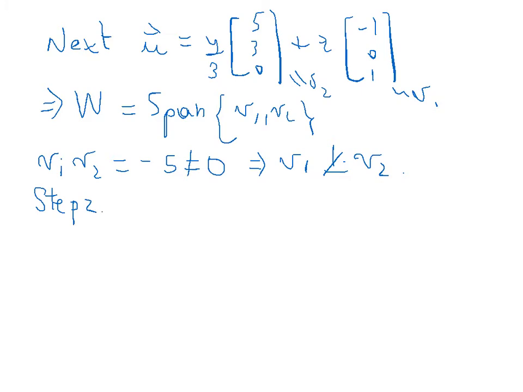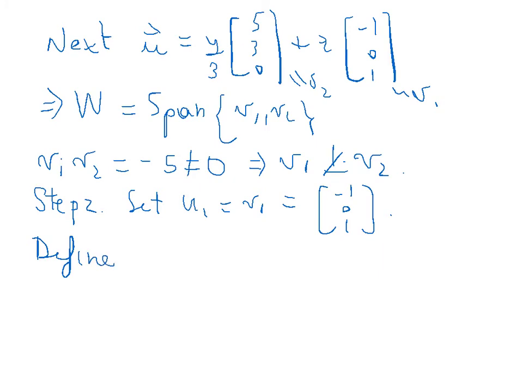So what is step 2 about? Step 2 consists in creating an orthogonal basis. So I'm going to set u1 to be exactly equal to v1, where v1 is the vector -1, 0, 1. And now we're going to define a vector that does not exist yet.